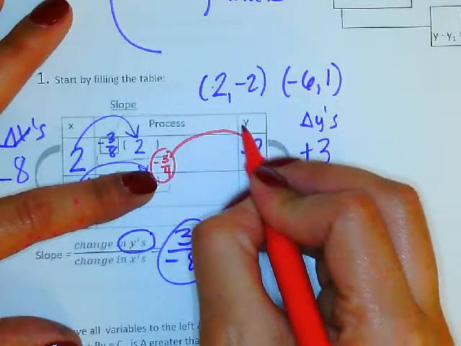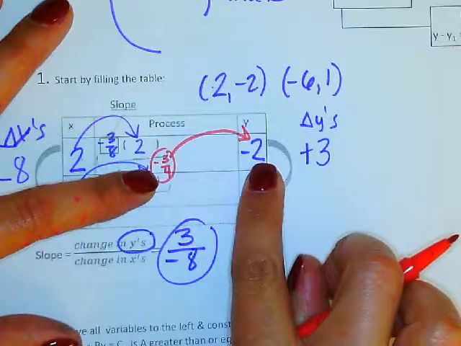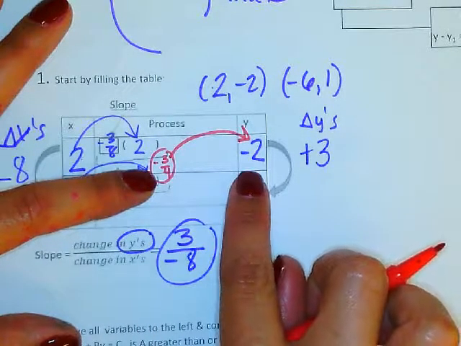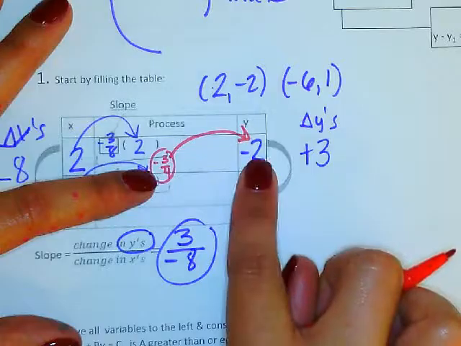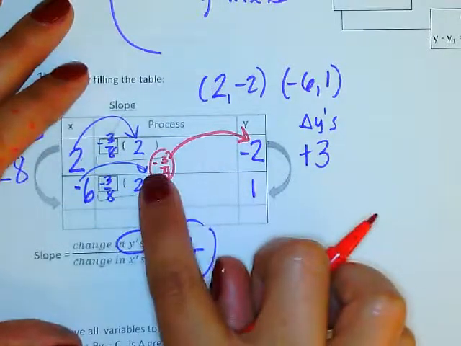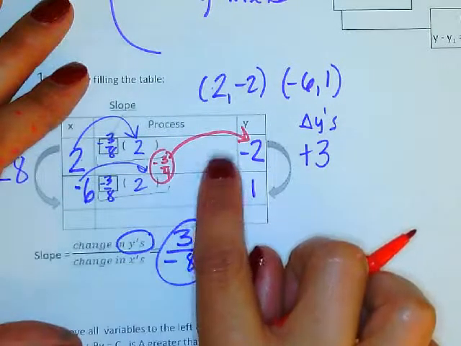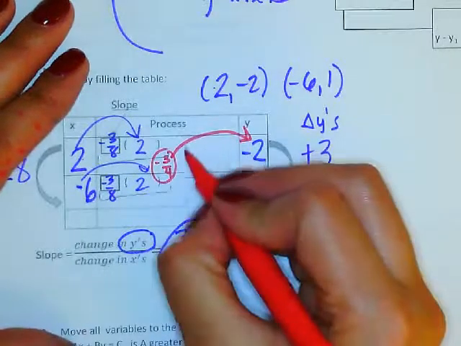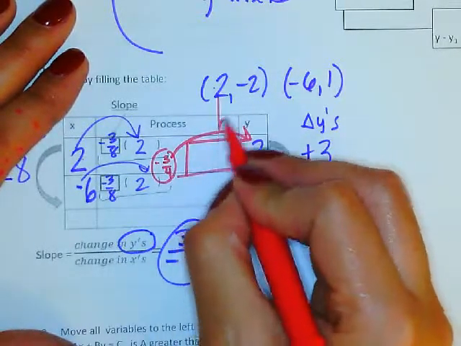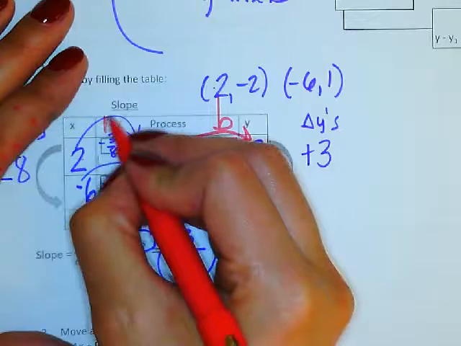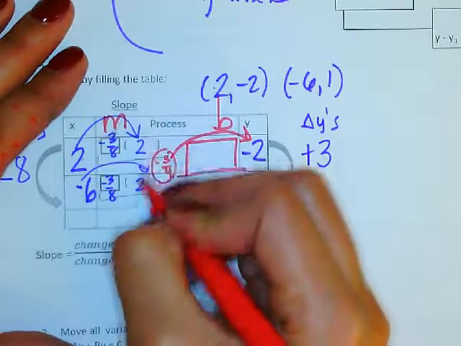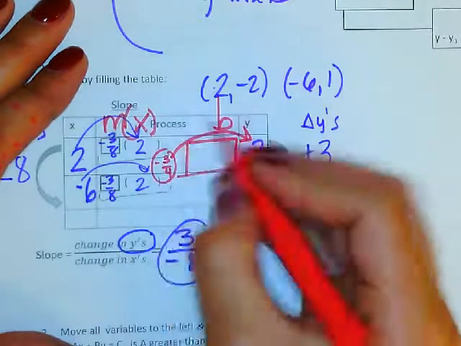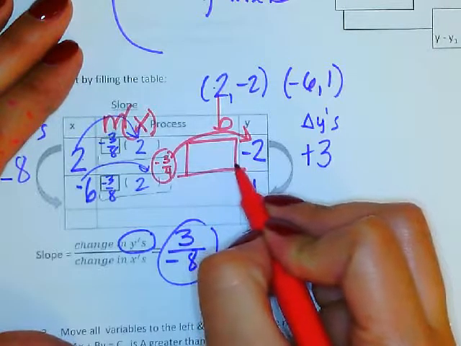So I need to go from -3/4 to -2. If you don't know how to do that in your head, you put it in the calculator: -2 minus -3/4 to see what you're missing. What you're missing is going to be your b. This is your slope m. This in parentheses are your x's. And this that you're missing is your b.